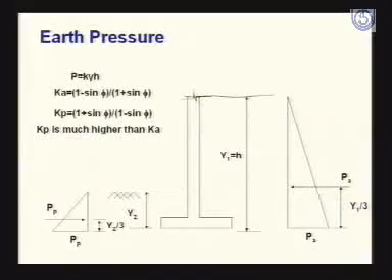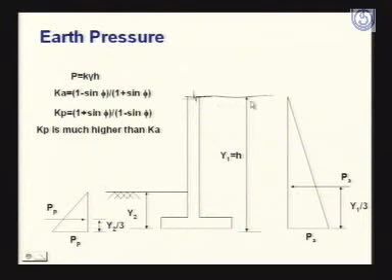Now, as we see that in most of the cases this active earth pressure will be coming on the retaining wall, so most of the retaining walls are designed for active earth pressure. Now let's see how this earth pressure is calculated. As you see from this figure, this is the wall, the retaining wall.